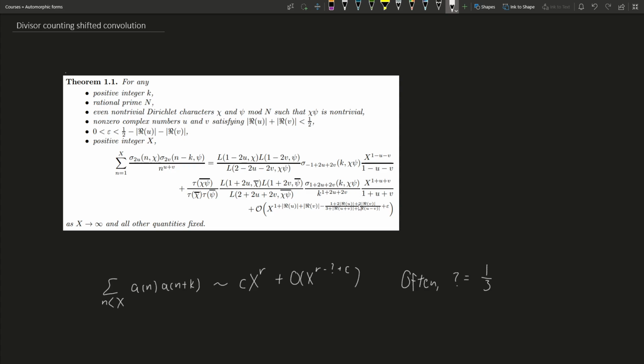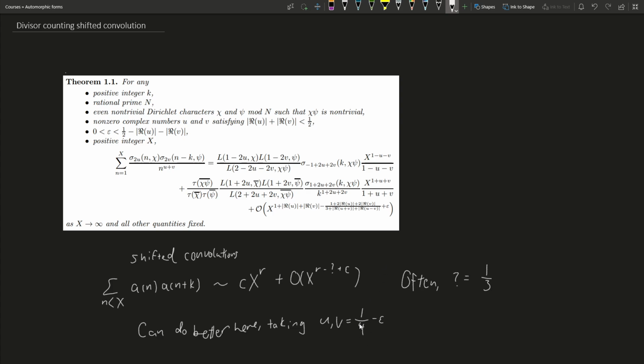If you look at the error term here, you can do a bit better. So these are called shifted convolutions, I should say. And so here you can do better, and you want to take u and v to be, I believe, if they're very close to 1/4, or maybe it's one of them you take to be 1/4, one of them you take to be minus 1/4.